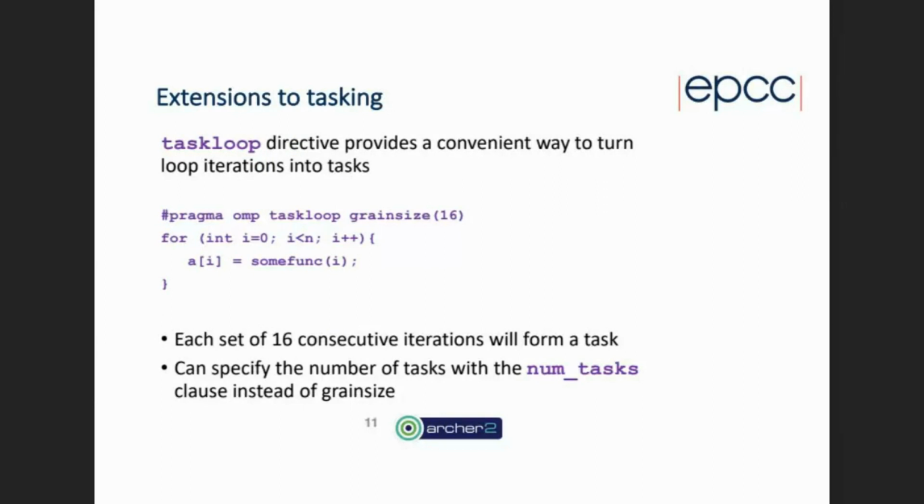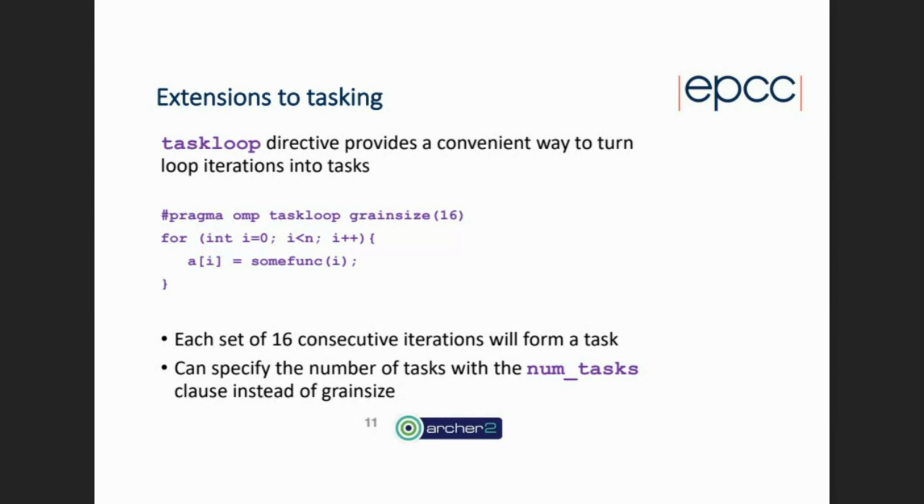Okay. Next one is some extra stuff with tasking, some extra extensions. So taskloop is just a convenience, a way of generating tasks straightforwardly from loops, to turn loop iterations into actual OpenMP tasks.